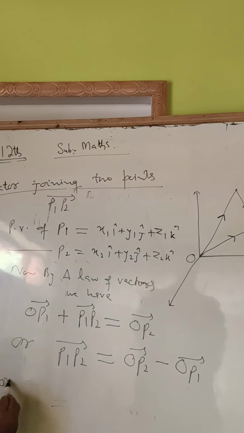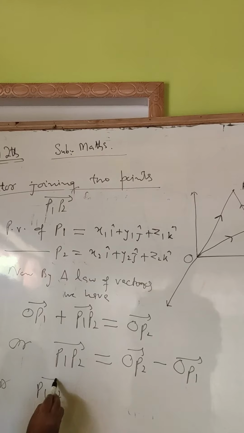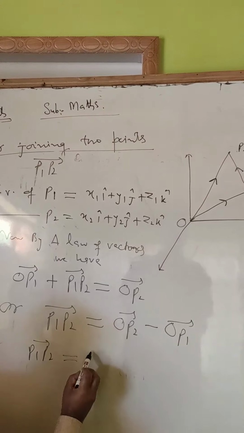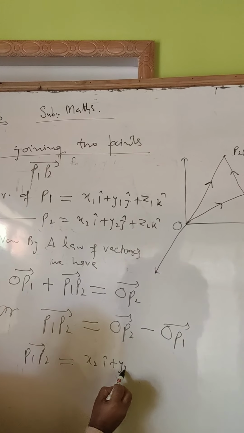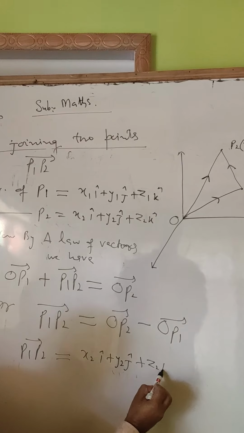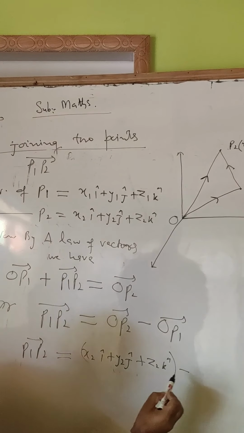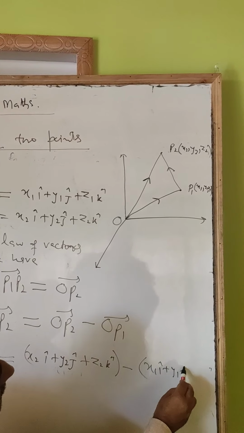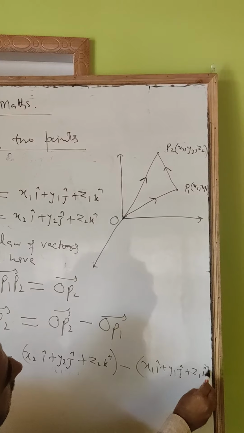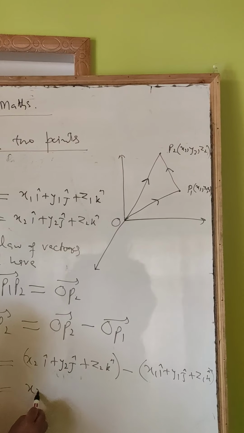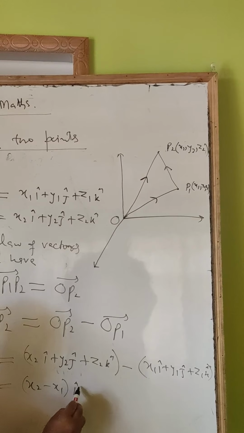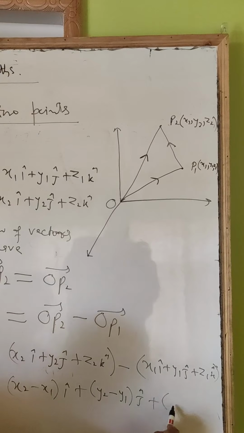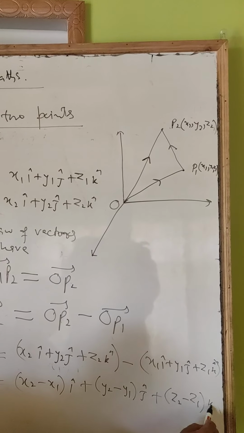Or P1 P2 vector will be equal to OP2 vector, means x2i plus y2j plus z2k vector, minus OP1 vector x1i plus y1j plus z1k vector, which is equal to x2 minus x1 i vector plus y2 minus y1 j vector plus z2 minus z1 k vector.